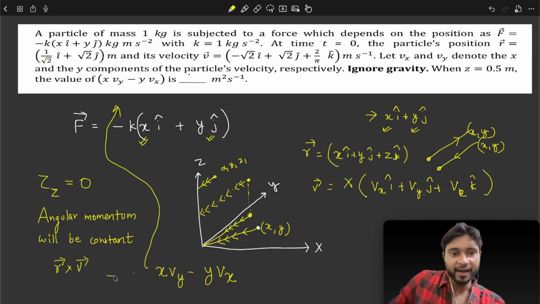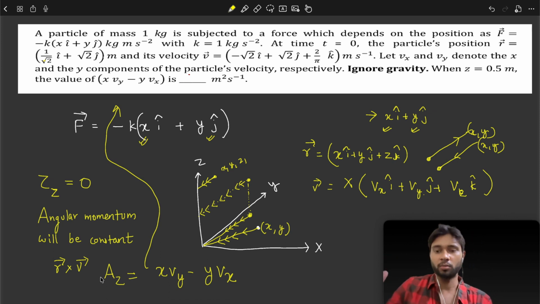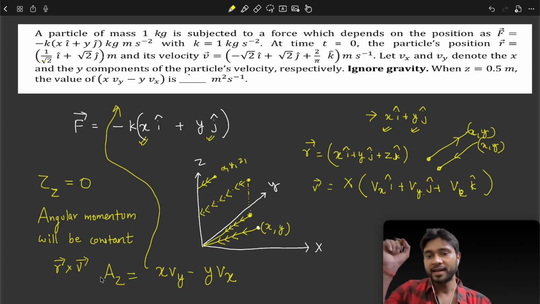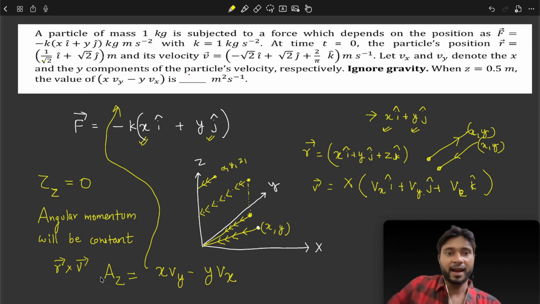So actually we had to calculate the angular momentum in z direction, and angular momentum in z direction will remain constant throughout the motion, because at every point of time, force is crossing through the z axis. So torque along the z axis will be 0. So angular momentum along the z axis will remain the same, and x vy minus y vx is nothing but the angular momentum in z direction. So we can directly calculate it at t equal to 0 because it is constant.